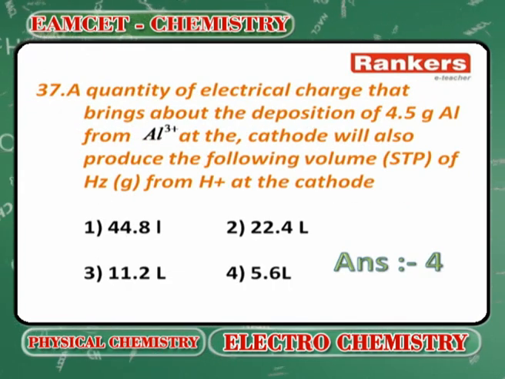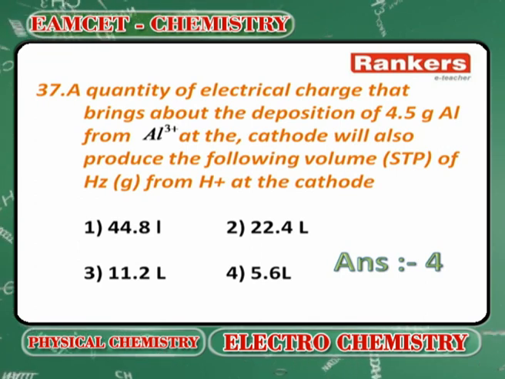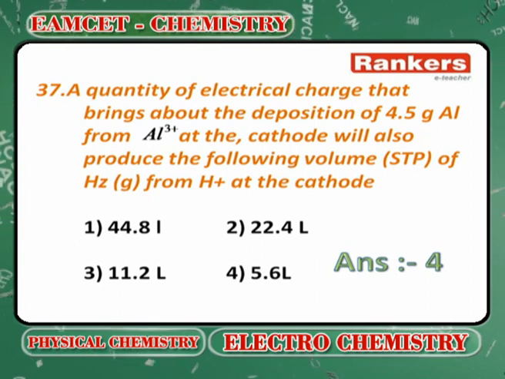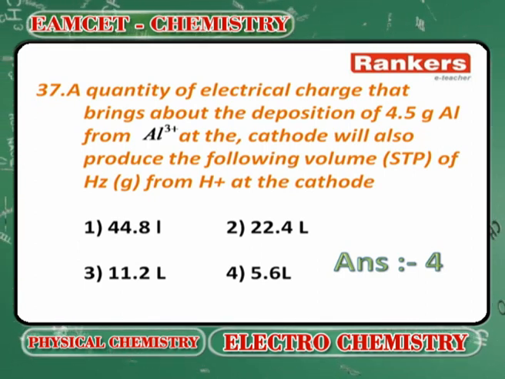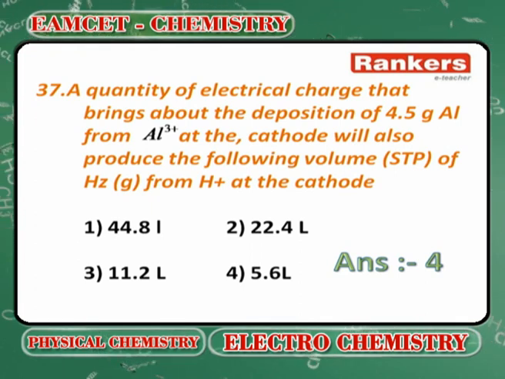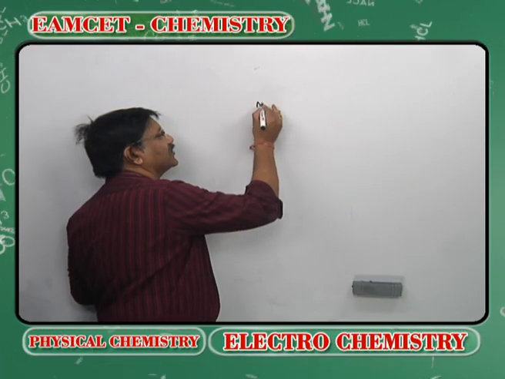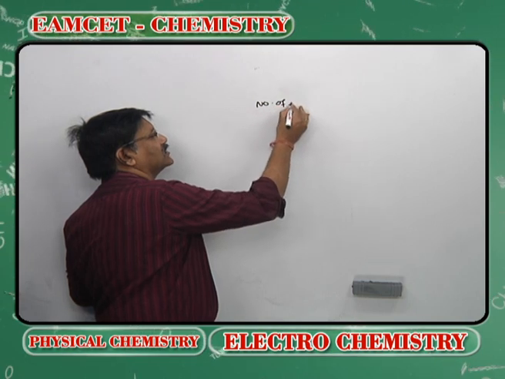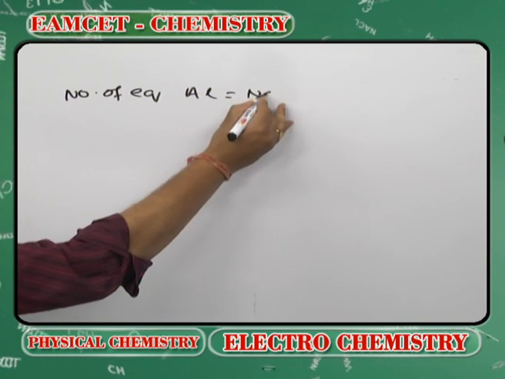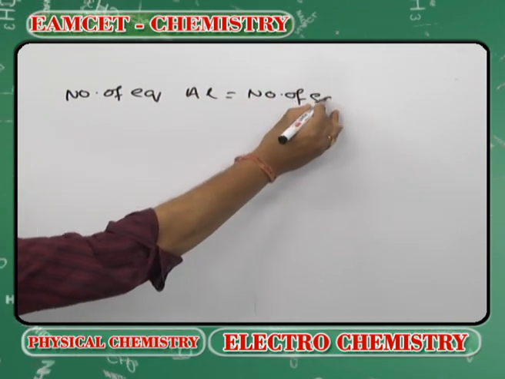A quantity of electrical charge that brings about the deposition of 4.5 grams of aluminum at the cathode will also produce what volume of hydrogen at STP. This is a simple one. For the same quantity of electricity, the number of equivalents of aluminum is equal to the number of equivalents of hydrogen.